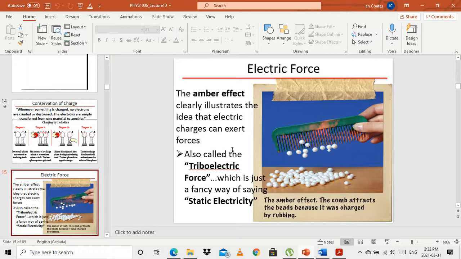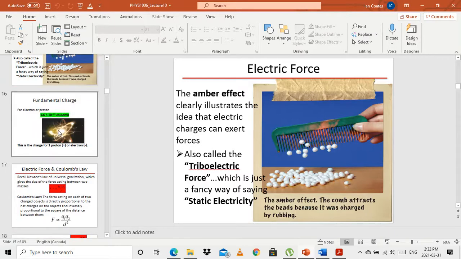And what they noticed is that you could rub this thing against your hair or fur or something like that, and you could change its charge. And you see here, the amber effect, the comb attracts the beads because it was charged by rubbing it. We call this the triboelectric force, which is just a fancy way of saying static electricity.